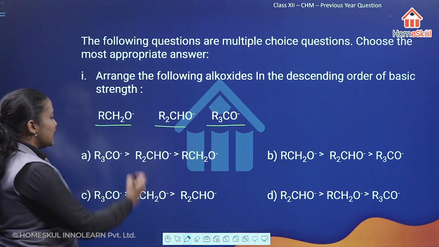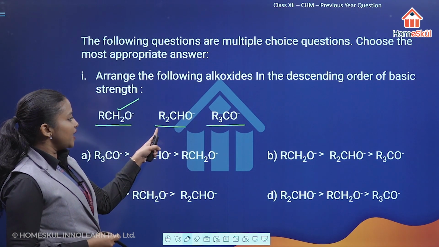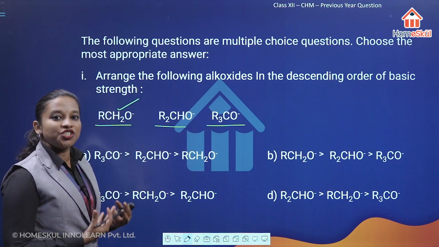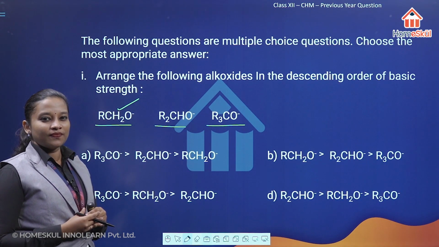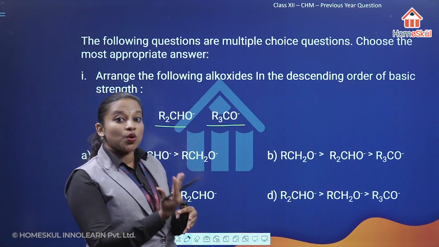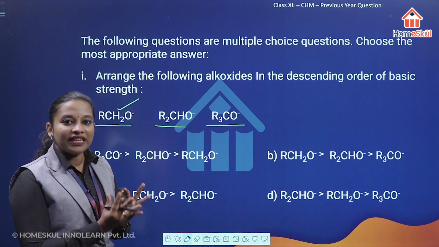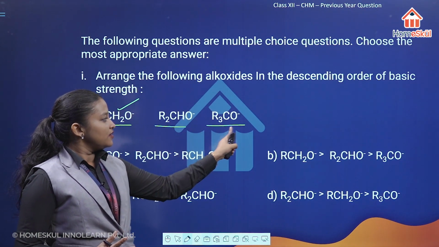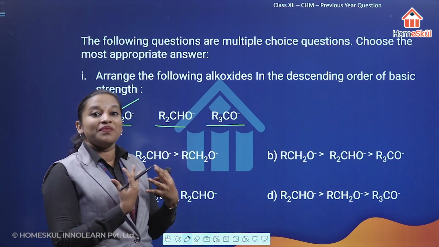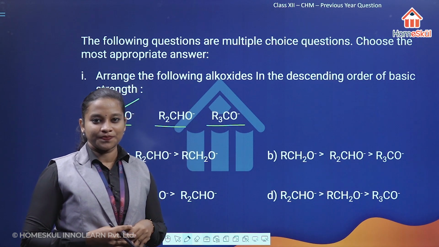Here we can see, it is a primary alkoxide, this is secondary, and the last one is a tertiary alkoxide. Here we can see that the alkyl group is an electron donating group that increases the negative charge on this oxygen atom. Thereby, these alkyl groups make the alkoxide more electron-rich.